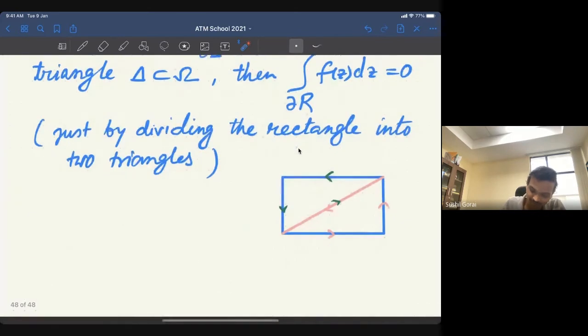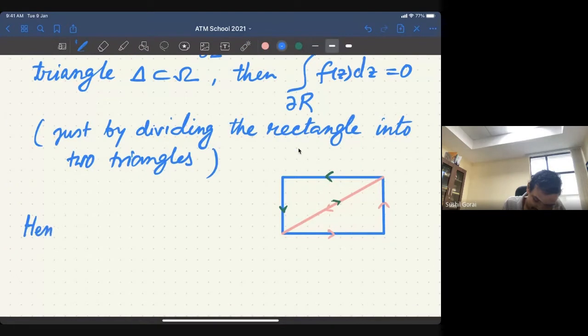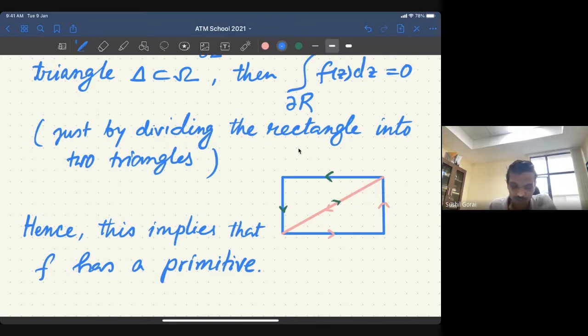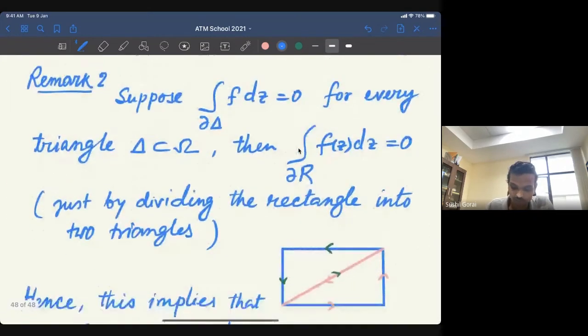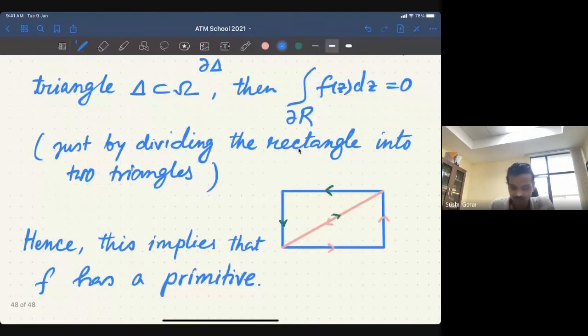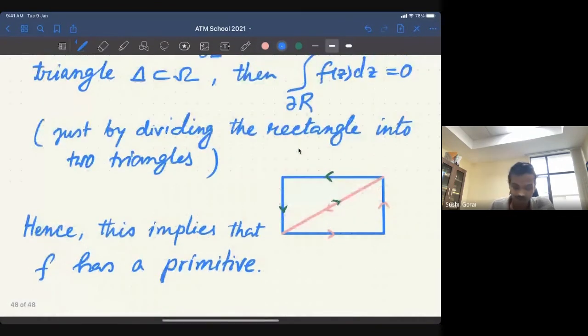So in particular, this implies that f has a primitive. So the statements are very important. From remark 2, you can get Morera's theorem, just by whatever I'll say in remark 3, that will actually imply it.